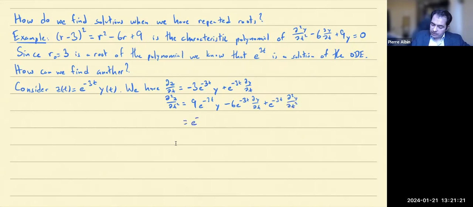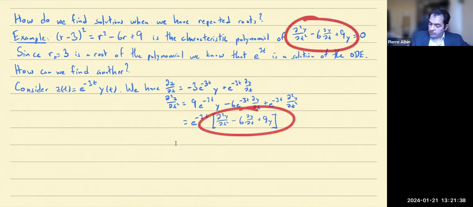And if I factor out an e to the minus 3t, I get the second derivative of y with respect to t minus 6 times the first derivative plus 9 times y, which is exactly the differential equation we started with.